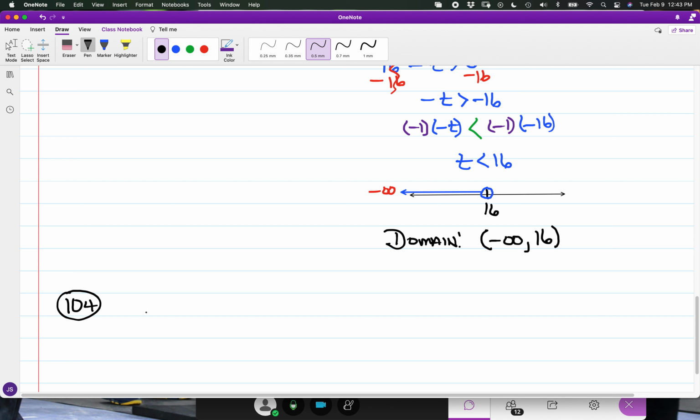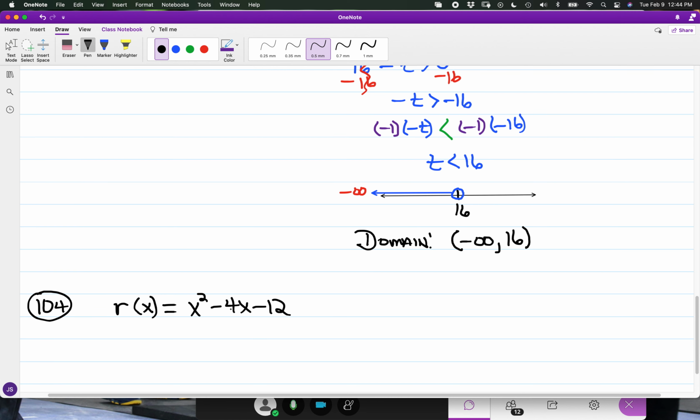With r of x equal to x squared minus 4x minus 12, because we don't have anything like a fraction or an even root radical, there's nothing that will keep x from being 0 or any positive real value or any negative real value. So in this case, there are no restrictions on x.